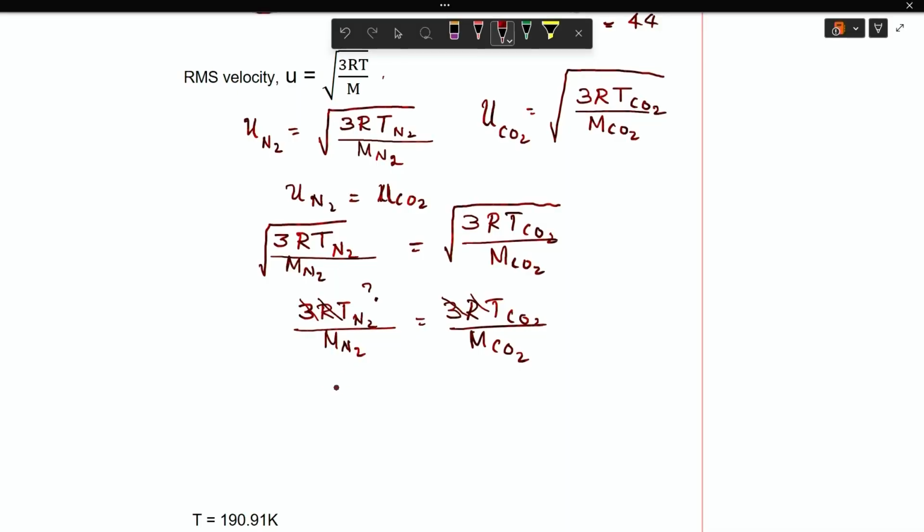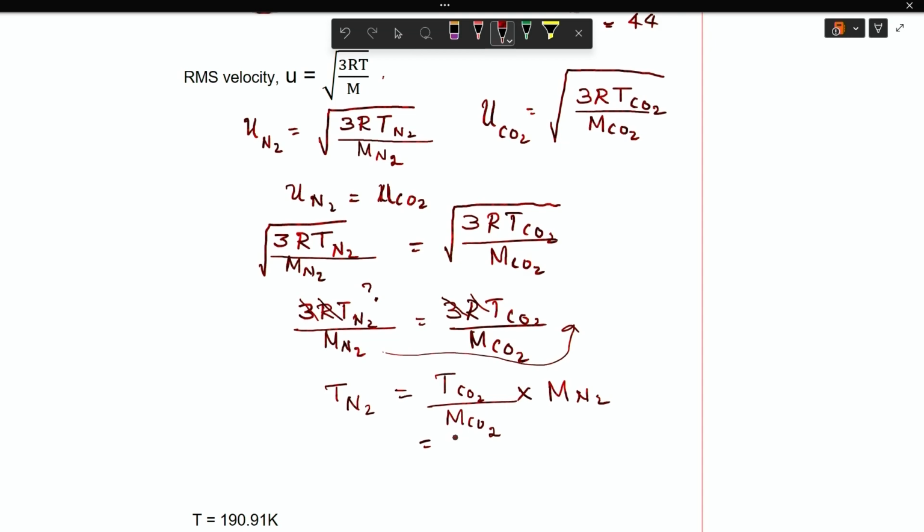So, I will keep the expression as T of nitrogen is equal to T of carbon dioxide divided by M of carbon dioxide, and I am going to take this molecular mass to this side. So, this becomes multiplied by molecular mass of nitrogen.